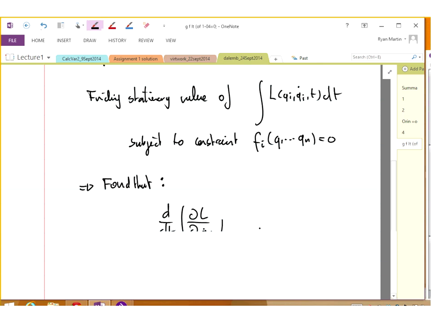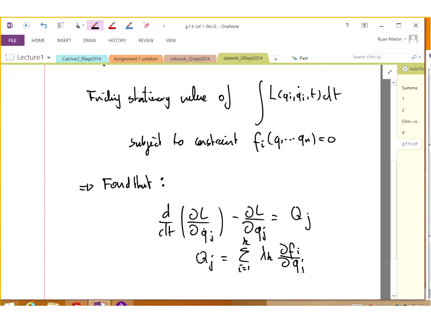minus ∂L/∂qj was equal to some big Qj, where we found that Qj was given by the sum from i equals 1 to K. So for the K constraint equations, we had a lambda i, the Lagrange multiplier, times ∂fi/∂qj.